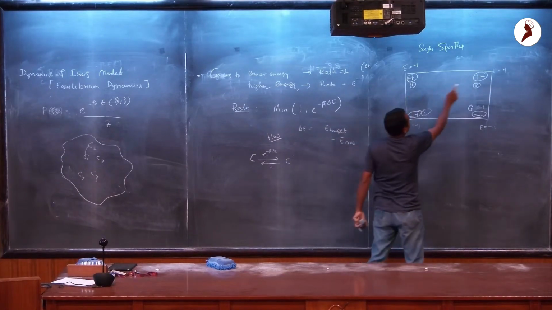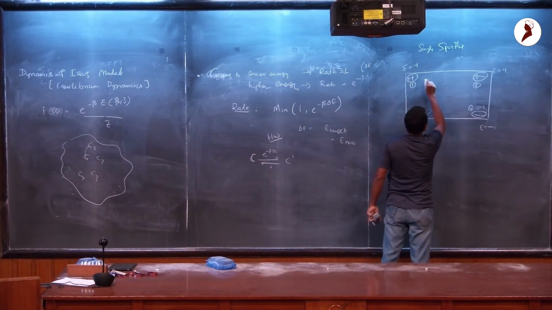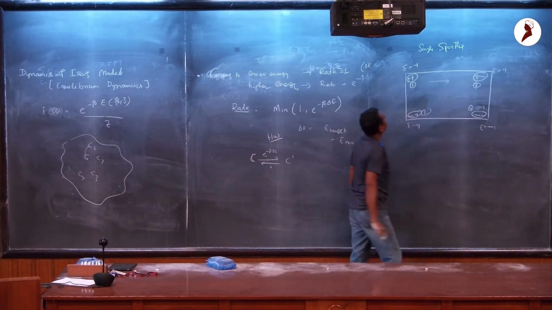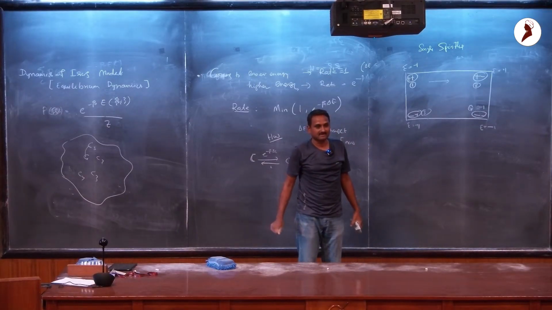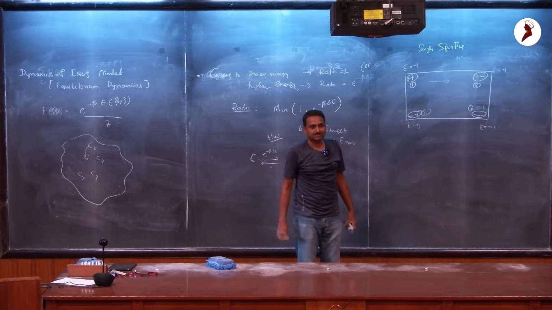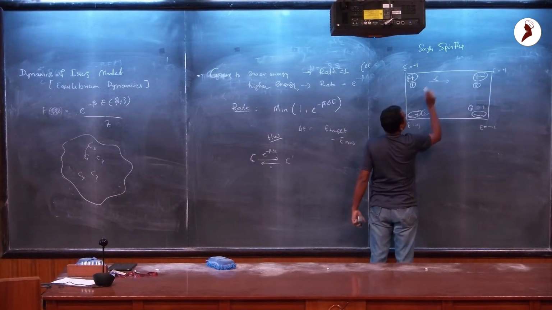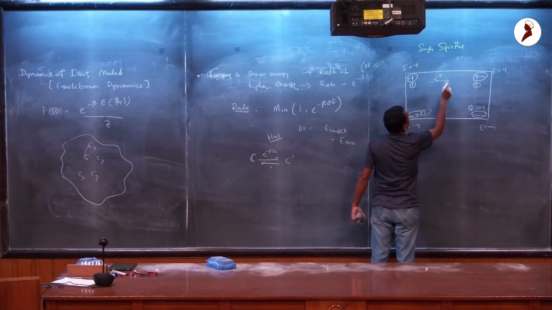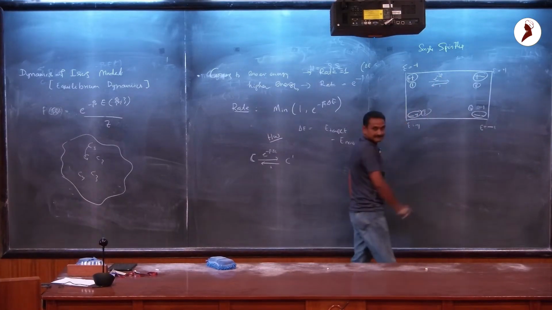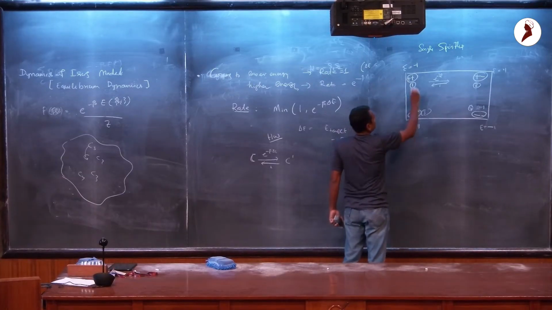So 1 to 2, what is this rate? Does the energy go up or down? Up. So what should be the rate? The change is e to the power minus beta delta E, so e to the power minus 2 beta. And the way back is 1.